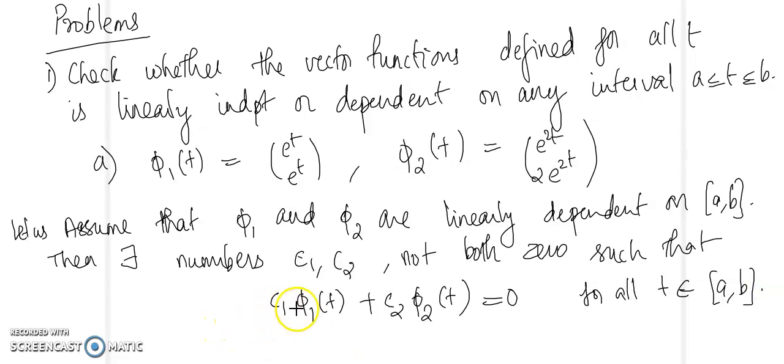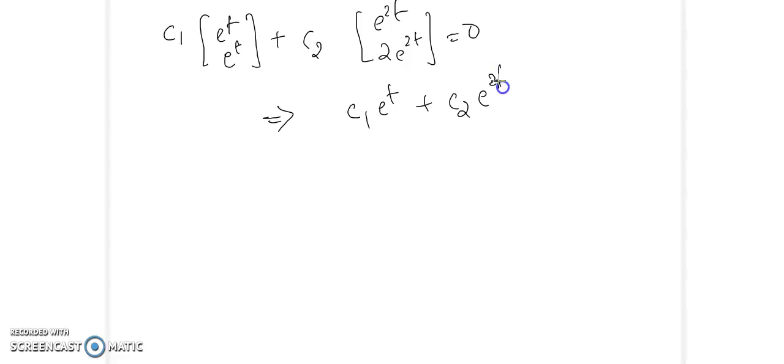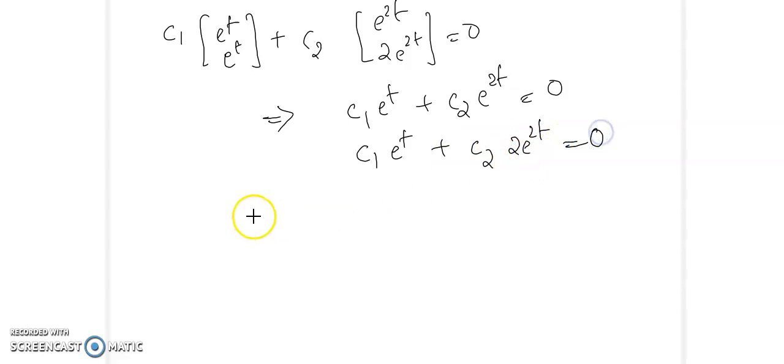Now let us substitute phi1 and phi2 here. So you will get C1 e raised to t plus C2 e raised to 2t, 2e raised to 2t equal to 0. So that will give us the equation C1 e raised to t plus C2 e raised to 2t is equal to 0, and C1 e raised to t plus C2 2e raised to 2t equal to 0.